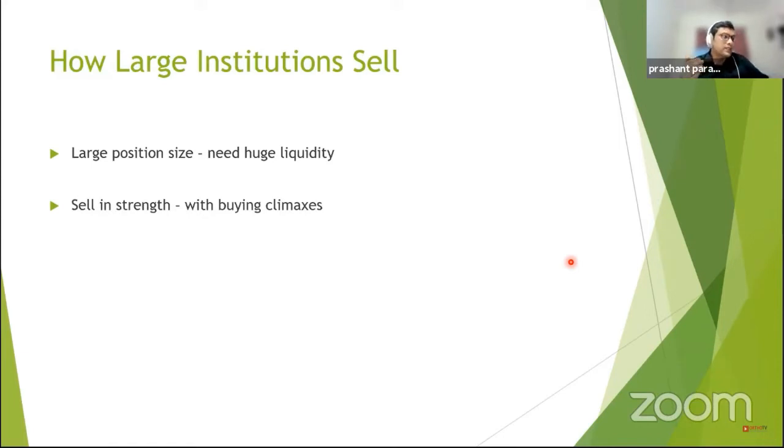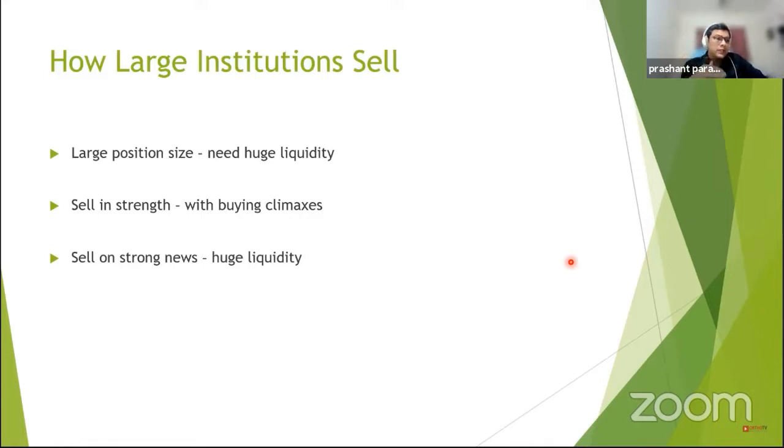When the stock is rising very rapidly, they start selling, and their selling causes a buying climax. They sell on strong news, because on strong news many small institutions and many retailers are interested in buying, thinking that this news is going to give this stock 10% or 20% more returns from here on.